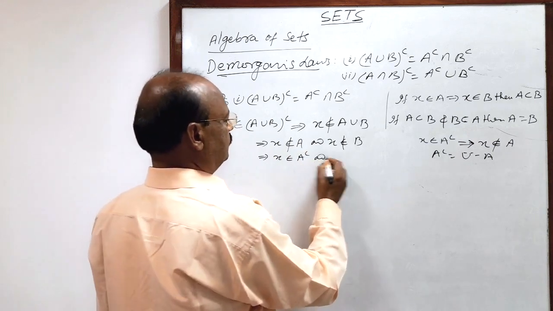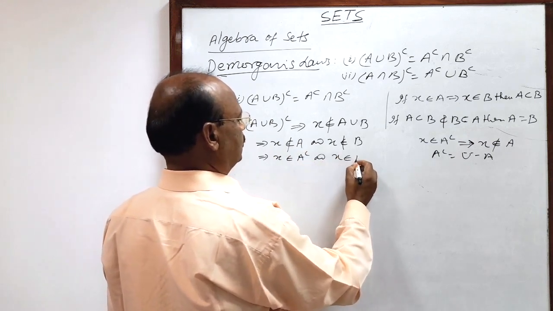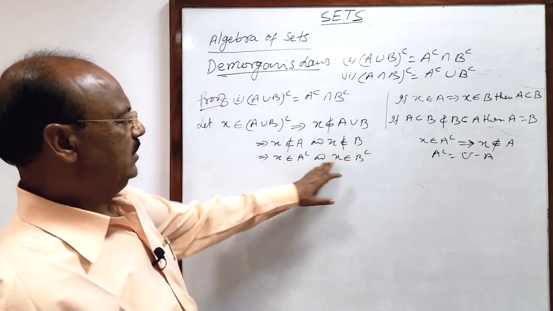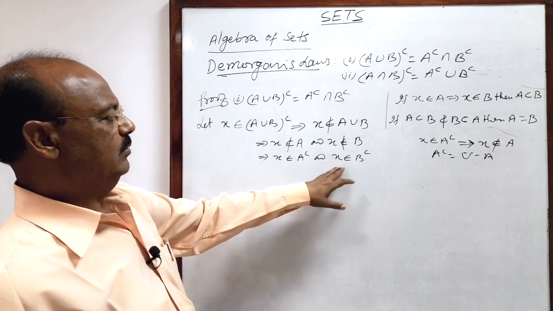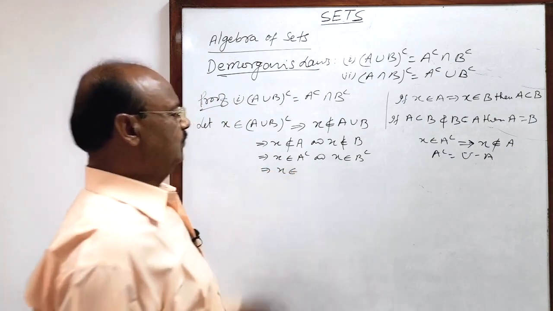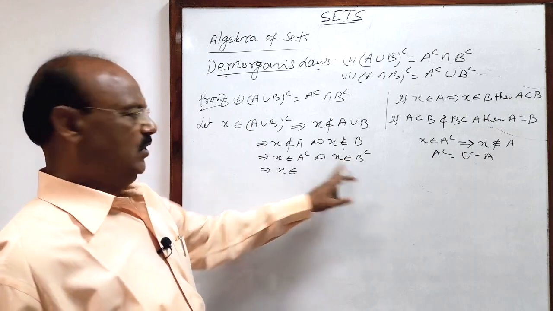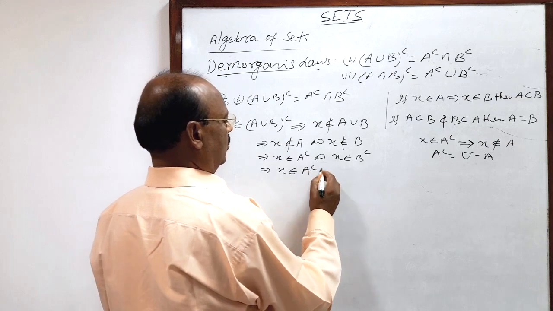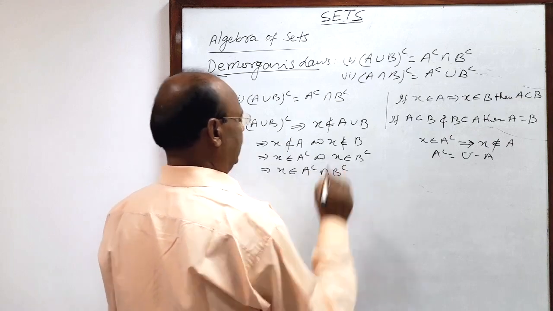Similarly, X belongs to B complement. If X belongs to both the sets A complement and B complement, it shows that X belongs to the intersection of these two sets, because X is common in both. So X belongs to A complement intersection B complement.